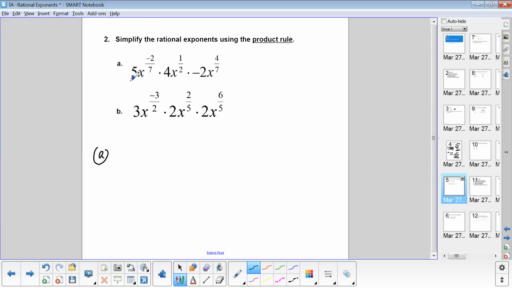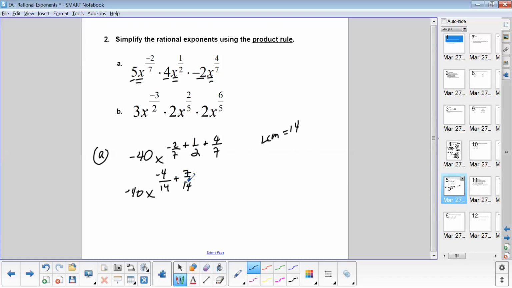So part A, you get to multiply 5, 4, and negative 2, so that's negative 40. And since the base of x is the same, it will be negative 2/7 plus 1/2 plus 4/7. So negative 40x, halves and sevenths, so we'll say 14ths. So LCM is 14. Negative 2/7 would be negative 4/14. 1/2 would be 7/14.